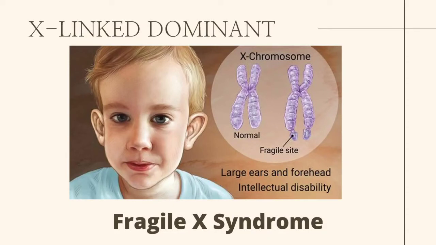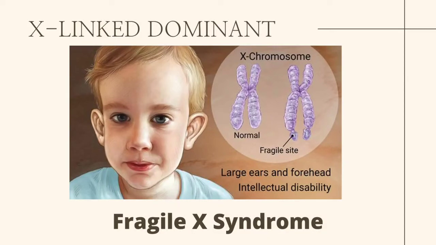Next naman, nagkakaroon din tayo ng mga delayed in speech development or the development of speech and language. Okay, so ibig sabihin, nagkakaroon talaga ng delay do sa pagsasalita or di kaya halimbawa, pagkakaroon ng delay do sa pagkatuto na isang bata.